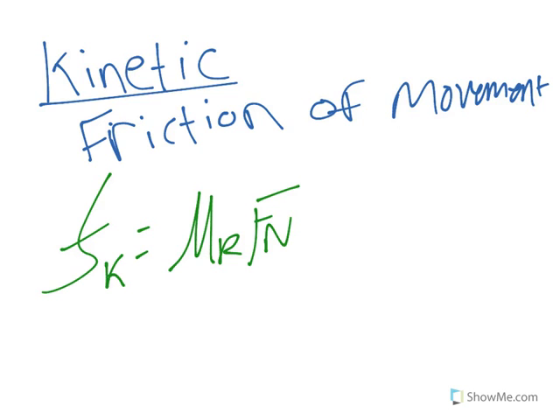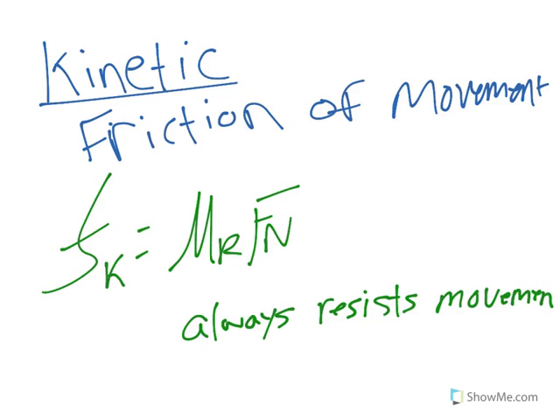Some important notes about kinetic friction. It always, and just friction in general, always resists movement. So whichever way the object is prone to move, friction will act in the opposite direction. Let me give you a couple of examples.